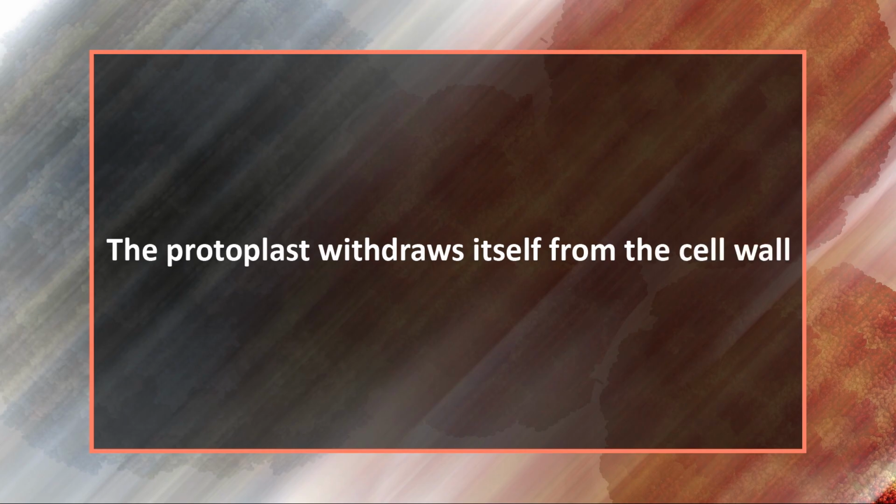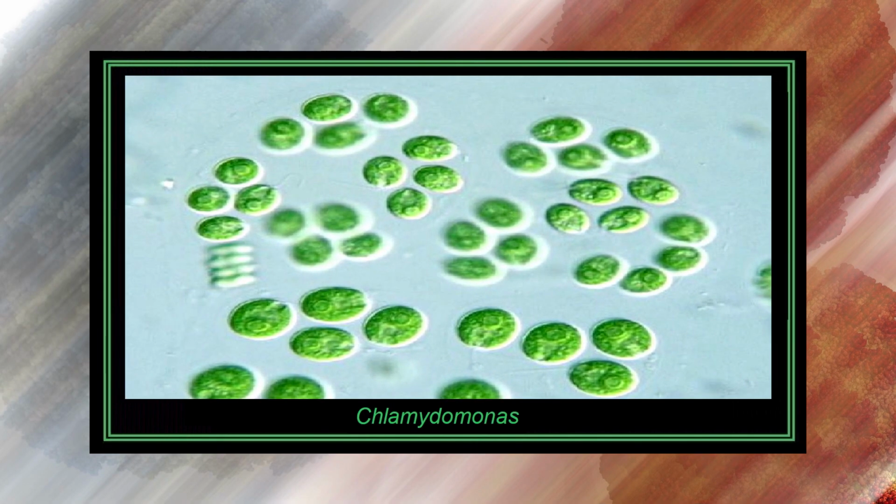The vegetative cell functioning as a gametangium comes to rest, loses its flagella. The protoplast withdraws itself from the cell wall. The protoplast divides by repeated longitudinal mitotic divisions to produce 8, 16, 32 or 64 daughter protoplasts.